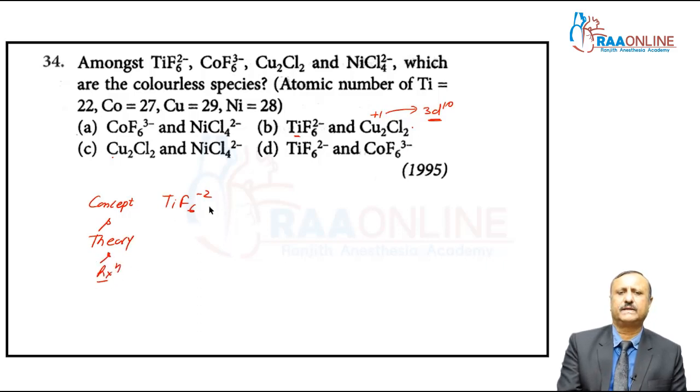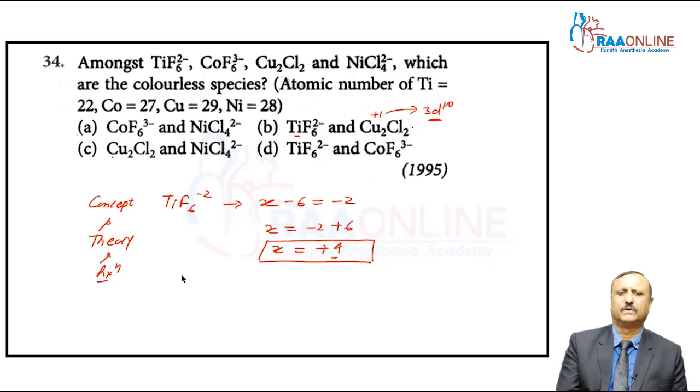Here, my dear students, in titanium we take x as the oxidation state. x minus 6 is equal to minus 2. So x equals minus 2 plus 6, and x is equal to plus 4.